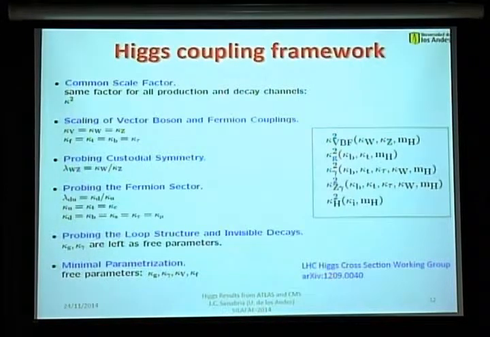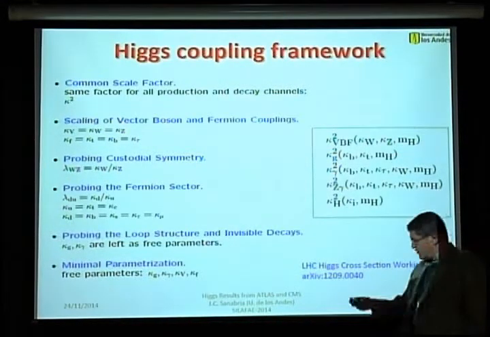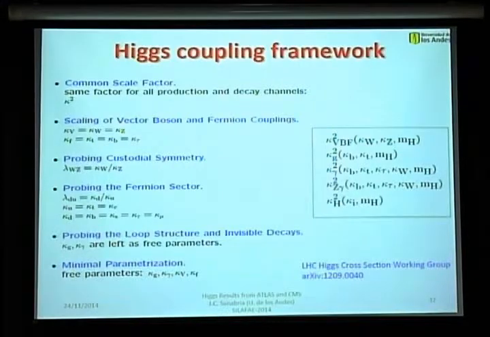The reference for this comes from the LHC Higgs cross-section working group. The idea, as also mentioned before, is to move for the next run from these to an effective field theory calculation that will give us a fairer assessment of the Higgs coupling structure.